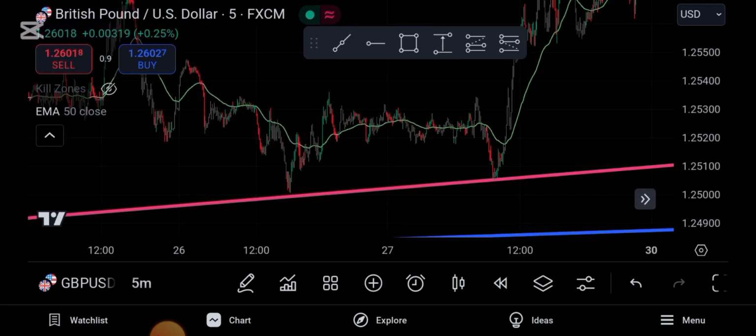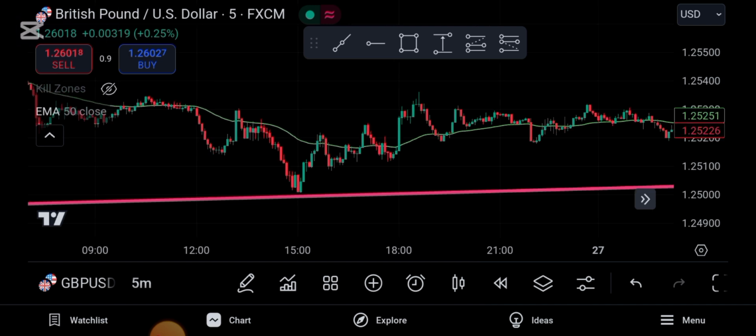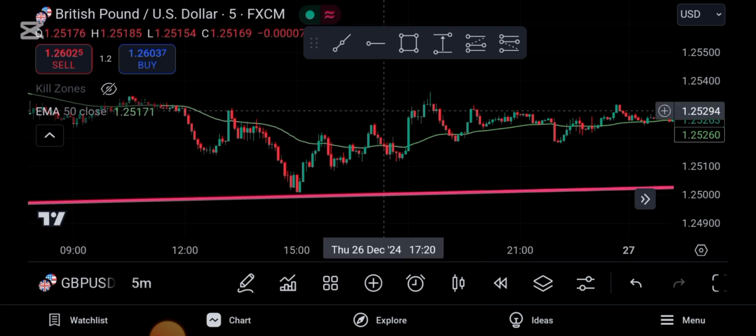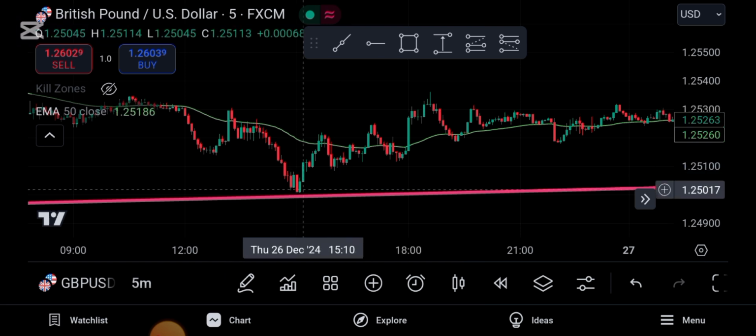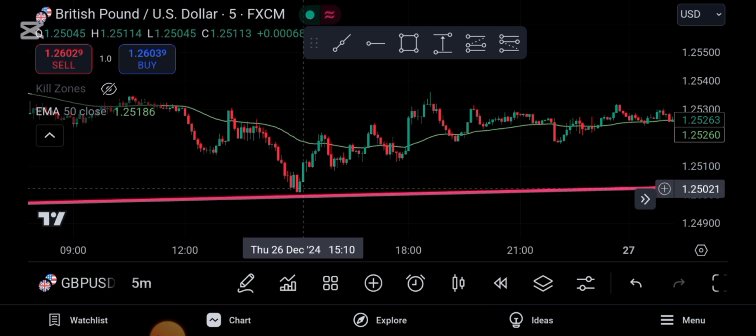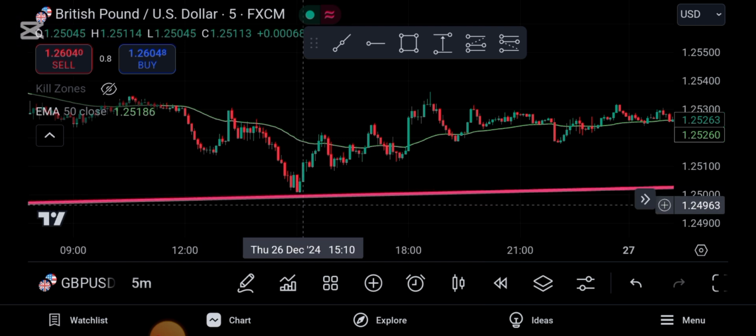Look at that. When we analyze this third touch point, we're looking for a candlestick that is saying this is all going to the upside. So this candlestick right here, the red one, made it as if it is going down, but it did not break out of the candlestick.